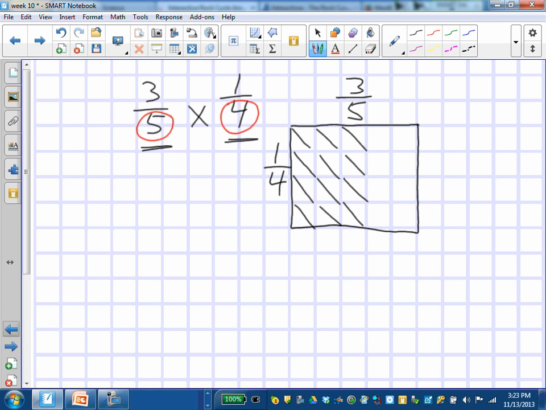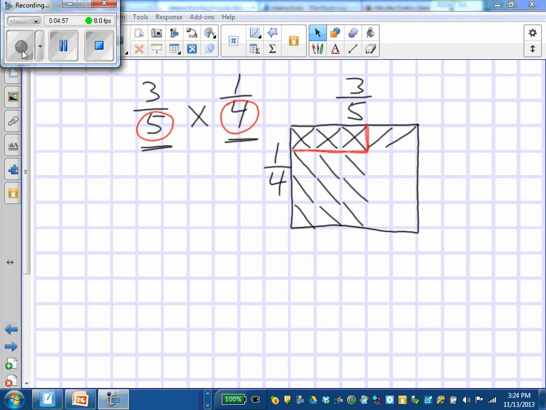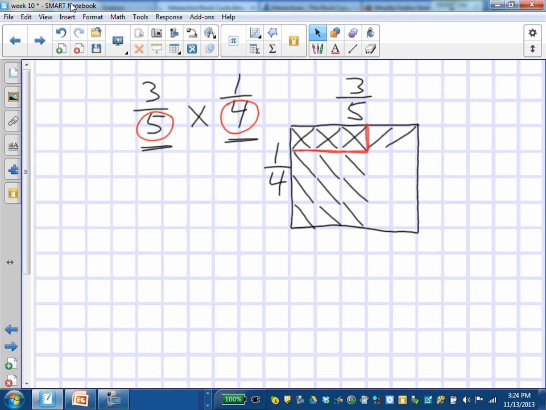So I'm just going to pick the top one, go across like this. Okay, so if you look, I'm only interested in these 3 squares.